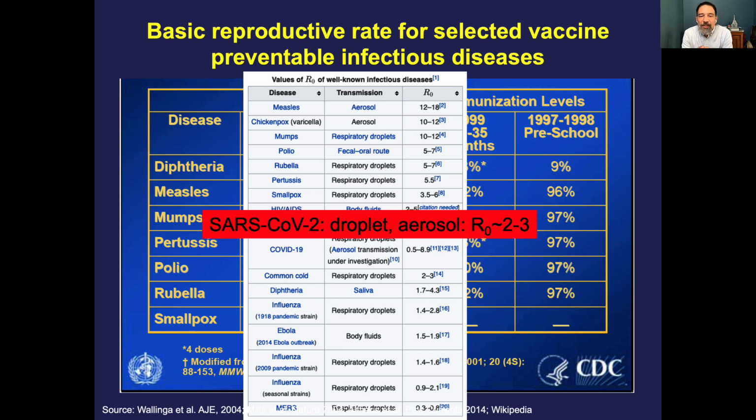So the estimates for R0 tend to come from outbreak investigations soon after the emergence of an infection, like the investigations of the first 400 cases of SARS-CoV-2 in Wuhan, China, that we covered last week. And you may remember they found an R0 of 2.2.